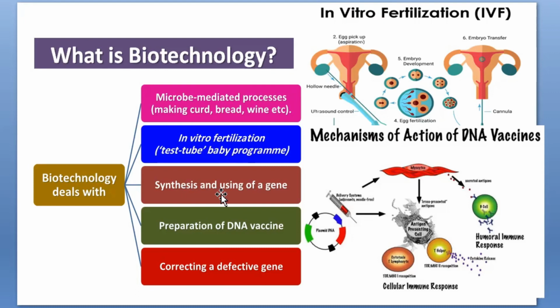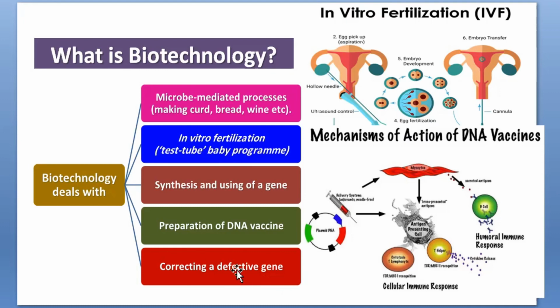And then synthesis and using of a gene, preparation of DNA vaccine, and correcting a defective gene. Just now I have told about the ADA deficiency, isn't it? Adenosine deaminase deficiency. If a person has adenosine deaminase enzyme deficiency, then they won't produce B lymphocytes and T lymphocytes normally, so they won't have immunity.